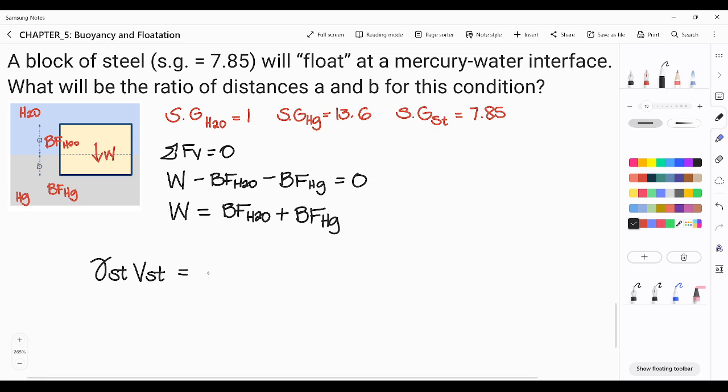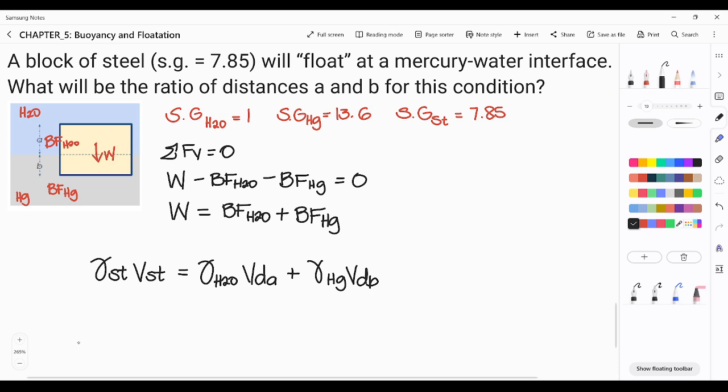So we have here the gamma of H2O times the volume displaced, A, kasi A yung nandito, plus the gamma naman ng mercury and volume displaced, B, since B yung draft niya sa mercury.